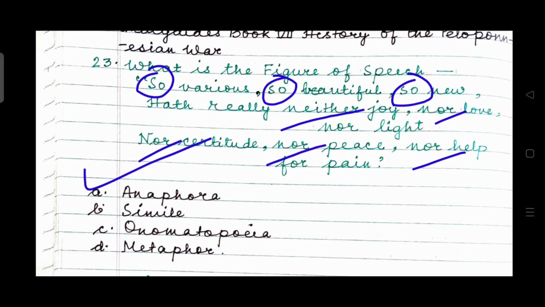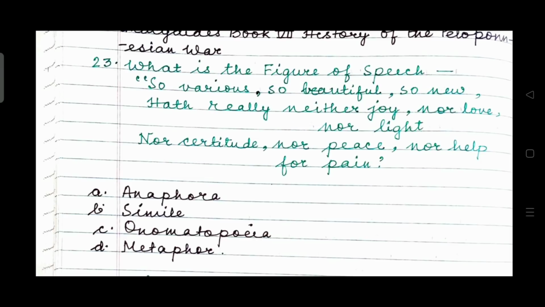Look how the word so is repeated. So various, so beautiful, so new. And again, we have nor love, nor light, nor certitude, nor peace, nor help. So, this repetition suggests that the literary device used here is option A, anaphora.